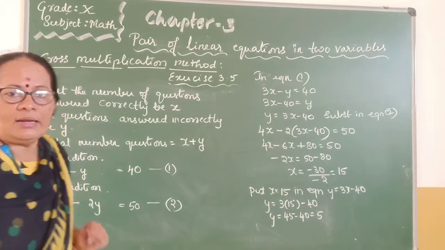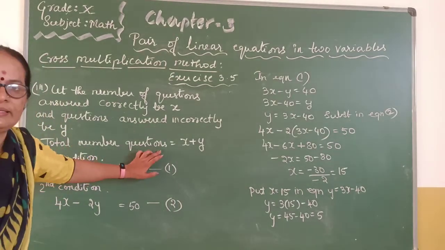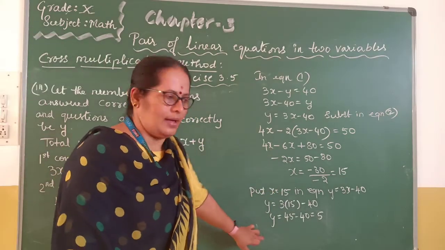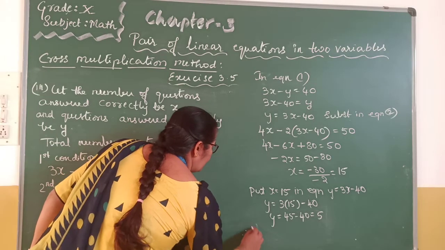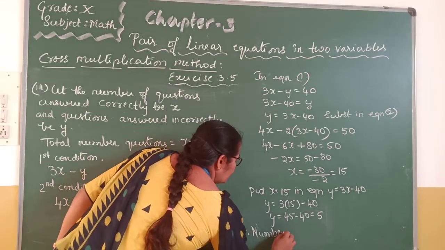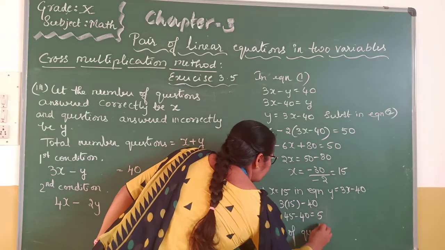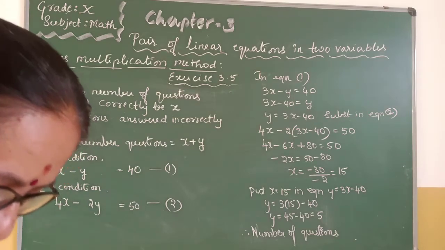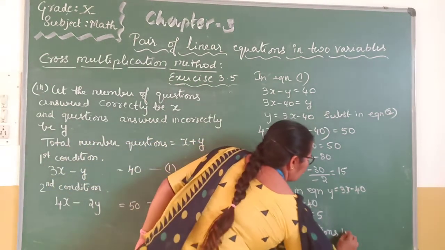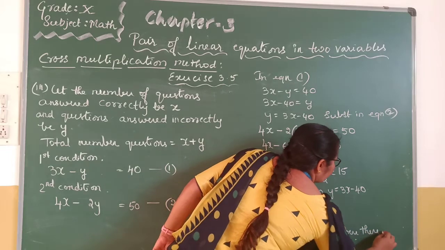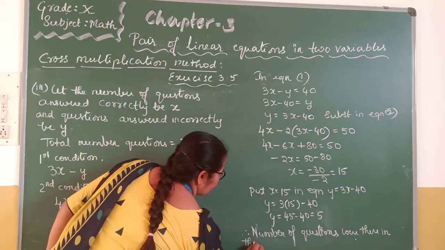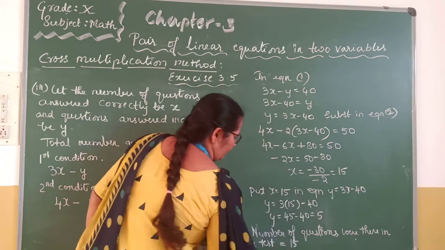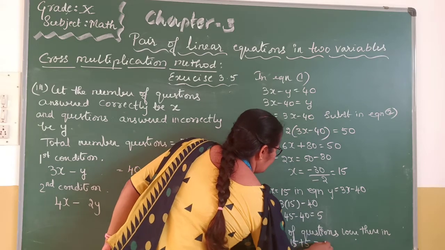Therefore, the total number of questions in the test is x plus y, 15 plus 5, which is 20.